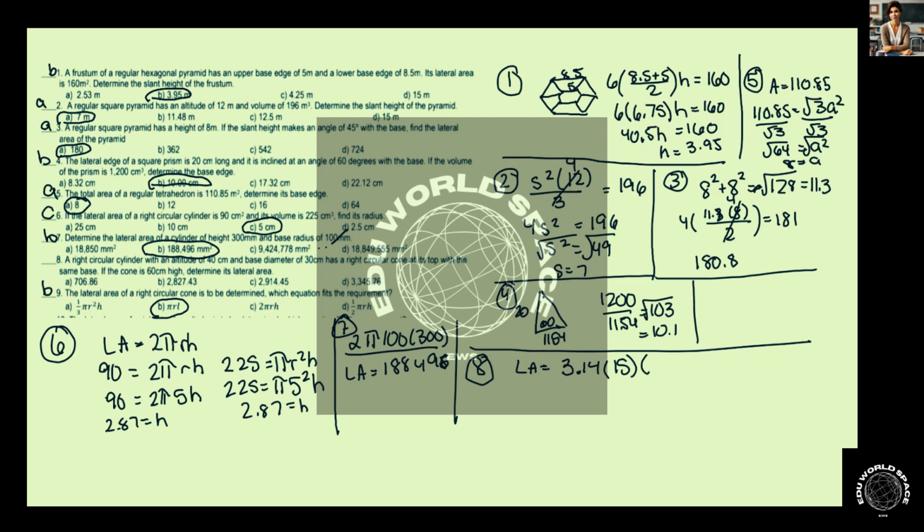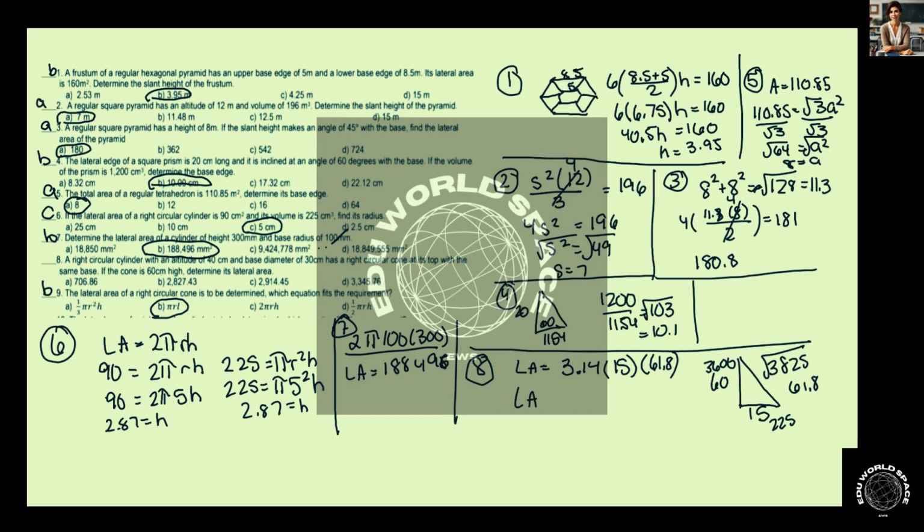Then you multiply that by the slant height, which you have to find. The cone has an altitude of 60 centimeters and a radius of 15, so you would do 3,600 plus 225. You would get 3,825, and the square root of that is 61.8. So I multiply by 61.8, my slant height.